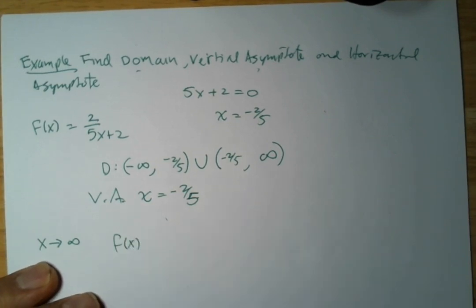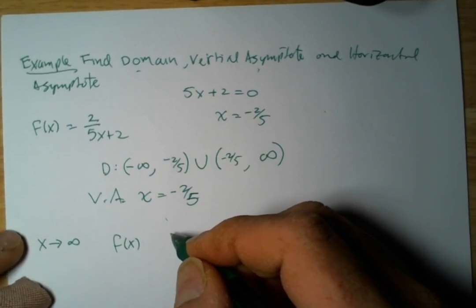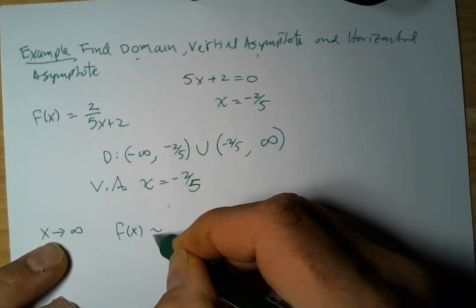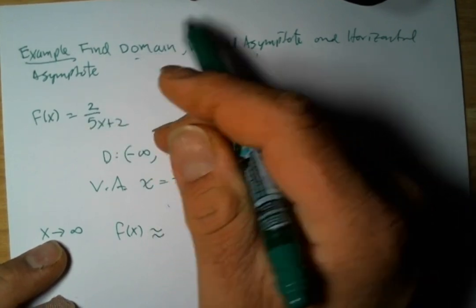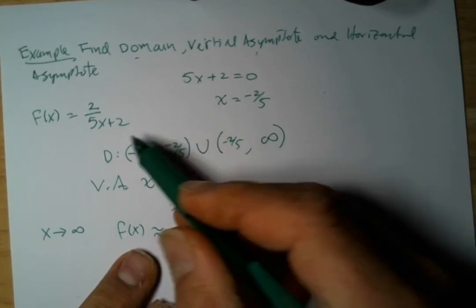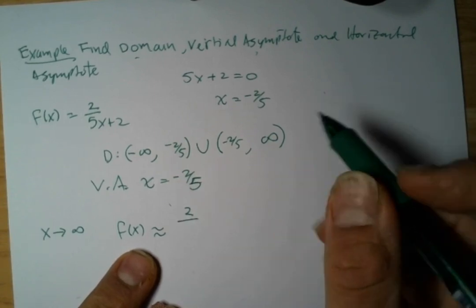When we take a look at these very large values, what I want to think in my head, and even write down to help you out, is that as x approaches infinity, the leading terms are going to take over. The numerator has only one term, so that'll just be 2.